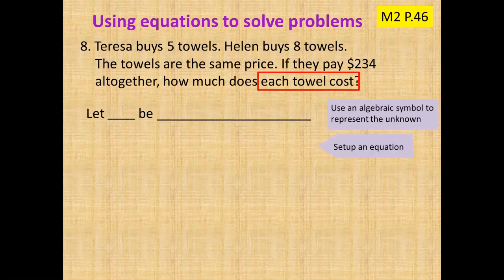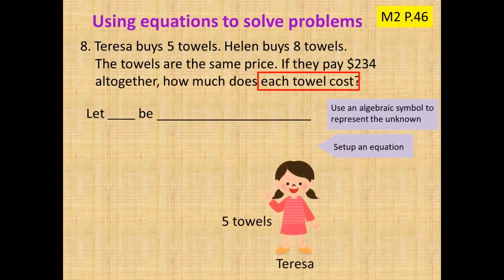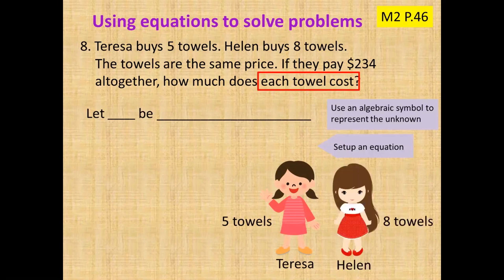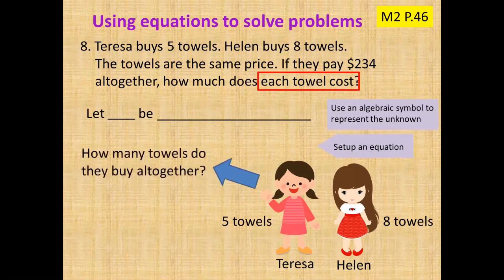So first of all, think about it. We have two girls. One is called Teresa, and she got 5 towels. And the other girl, Helen, she bought 8 towels. So before we find the final price, we need to know how many towels they buy altogether first.